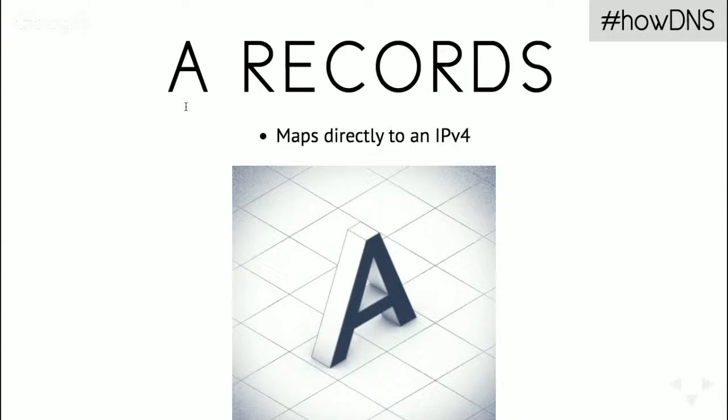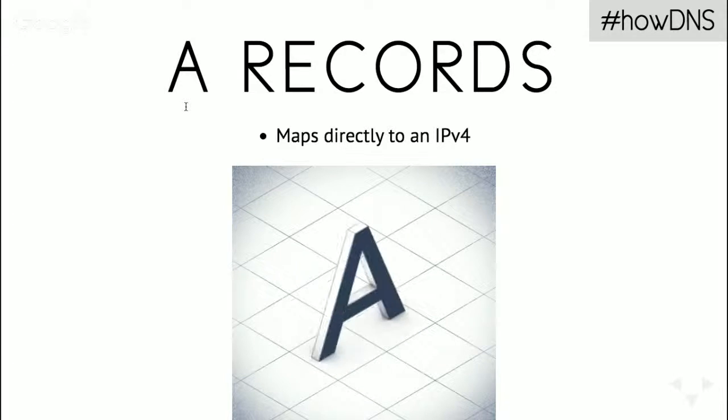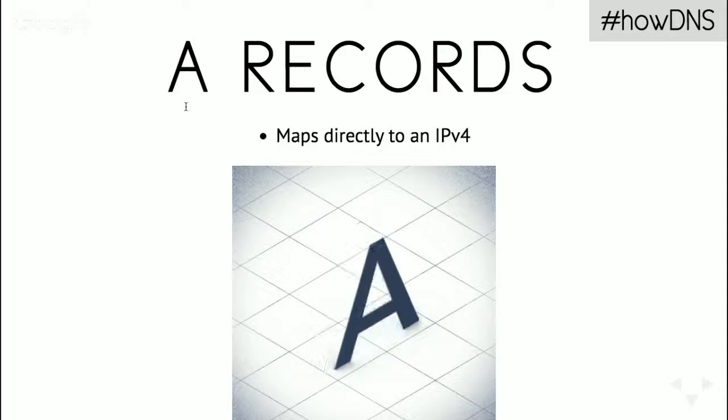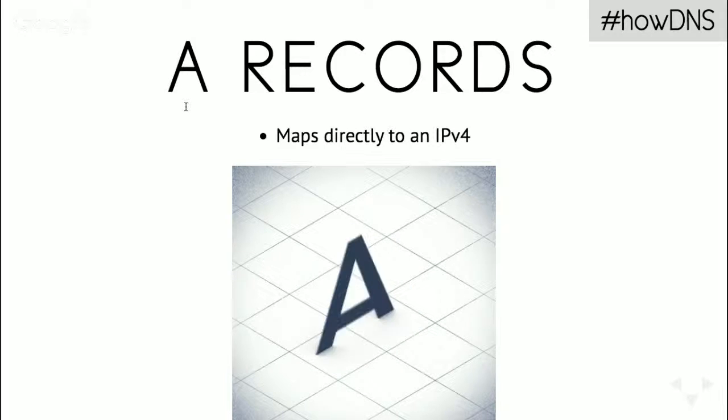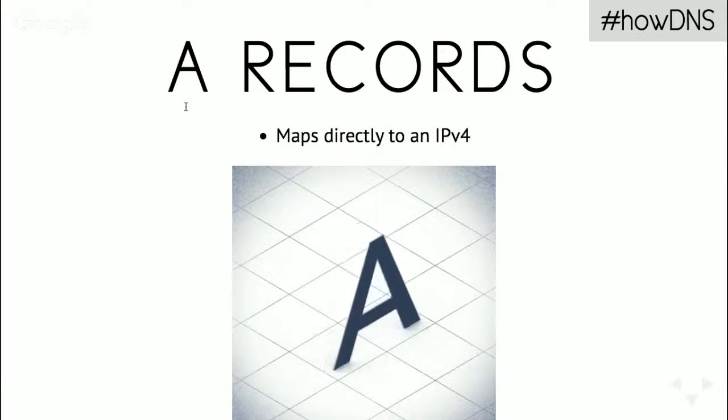These are the IP addresses you're used to seeing in some way, shape, or form. There are always 4 numbers between 0 and 255 in each section, and there are certain sections that are reserved for internal use and certain sections that are reserved for the World Wide Web as we know it. An A record maps directly to an IPv4, and that's it. It's a simple name to number record.